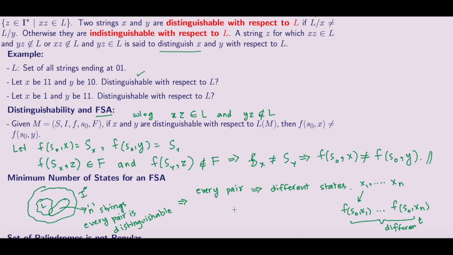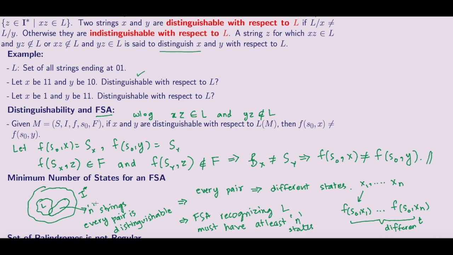So when they are different, we can say that the finite state automaton recognizing L must have at least n states.